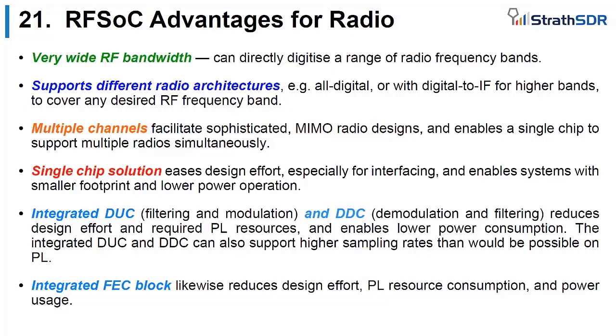We can support many different radio architectures, all digital or digital to IF, and we can cover many different frequency bands. We can do multiple channels with the RFSOC, up to 16, in and out in some of the chips that are members of the RFSOC family. And again, it's a single chip solution. So one chip is doing all of the software-defined radio and the kind of analog front end.